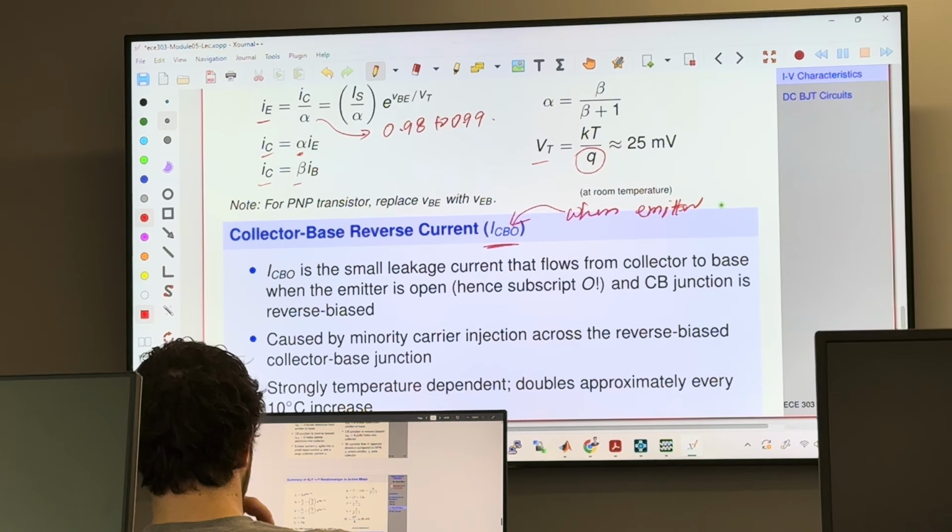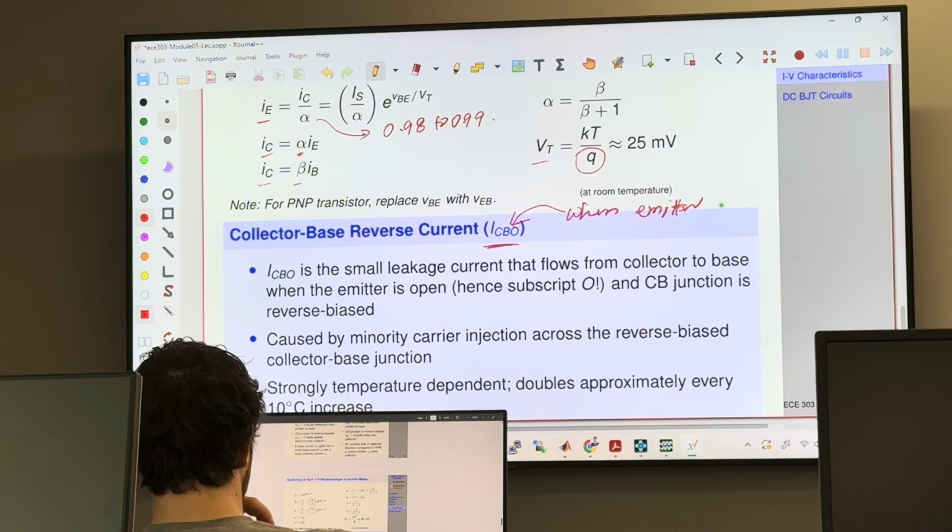The emitter is not connected to anything, so a small current flows from collector to base, the current ICBO, flowing from collector to base when the emitter is open.